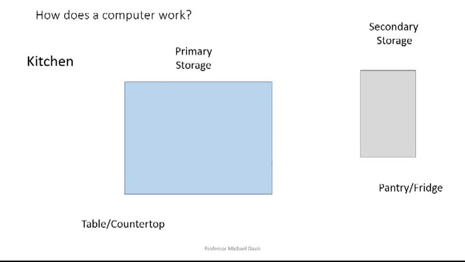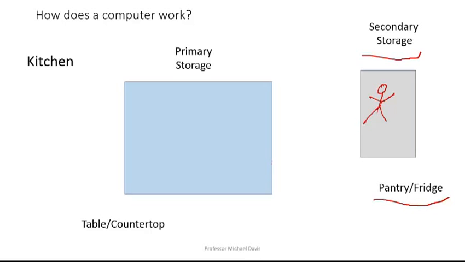If you were in the kitchen and you were about to prepare a meal, you would go to some secondary storage location, such as a pantry or a fridge or something like that, to get your raw material. Now, as a general rule, you would not sit in the refrigerator door and prepare the meal.